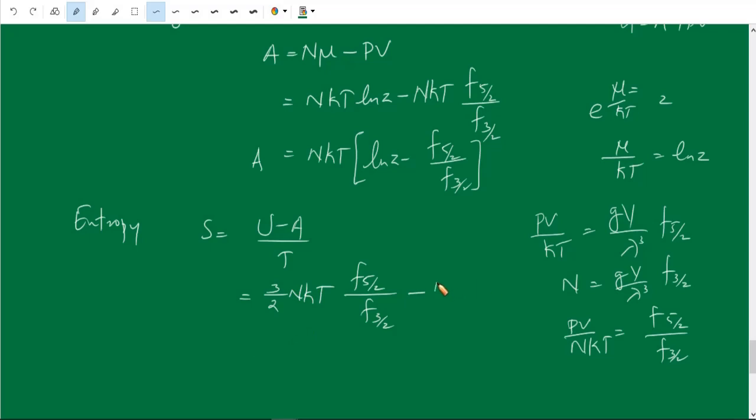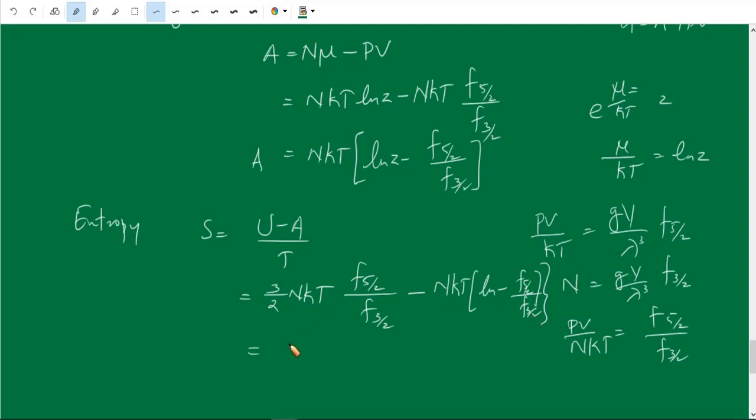So we can write this thing as 3 by 2 NkT f 5 by 2 divided by f 3 by 2 minus, here plus NkT f 5 by 2 over f 3 by 2.